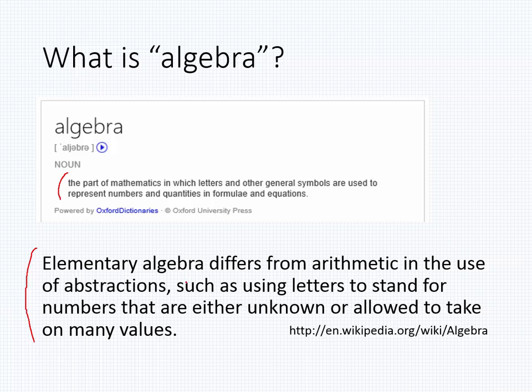Elementary algebra differs from arithmetic in the use of abstractions, such as using letters to stand for numbers that are either unknown or allowed to take on many values. We could use this definition to understand geometric algebra. Geometric algebra makes use of abstractions, such as using segments to stand for numbers that are either unknown or allowed to take on many values.